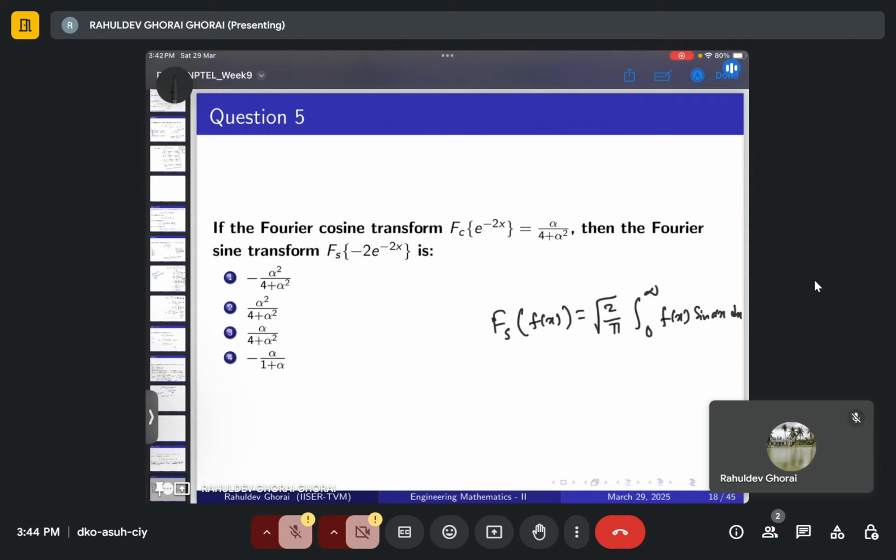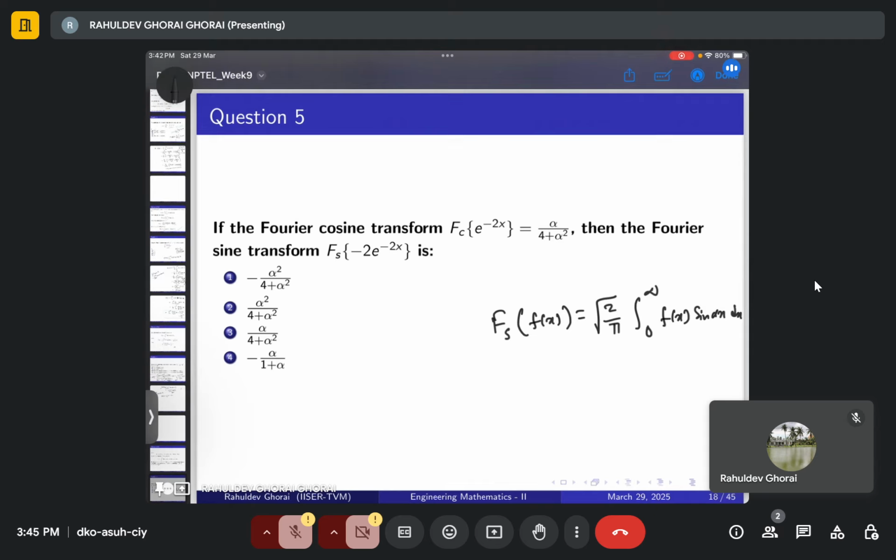So the question is, what is the difference first of all? Mainly we write the Fourier integral as the integral from 0 to infinity of a(alpha) cos alpha x plus b(alpha) sin alpha x d(alpha). That is the Fourier integral; any function you can represent like that.